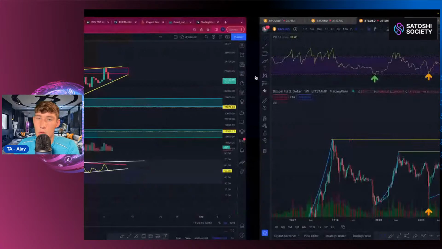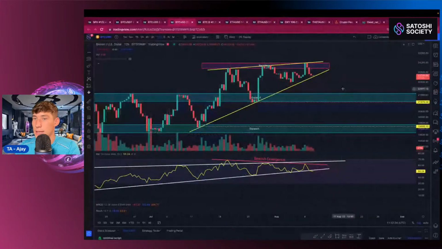Just updating you on this chart here. If we do break towards the downside, we do have 27 minutes left of this candle. Now, I'll tell you now, if we break towards the downside in 27 minutes, I will not be opening up a short position. I will be waiting for that CPI data to come out before I even think about opening up a short position.